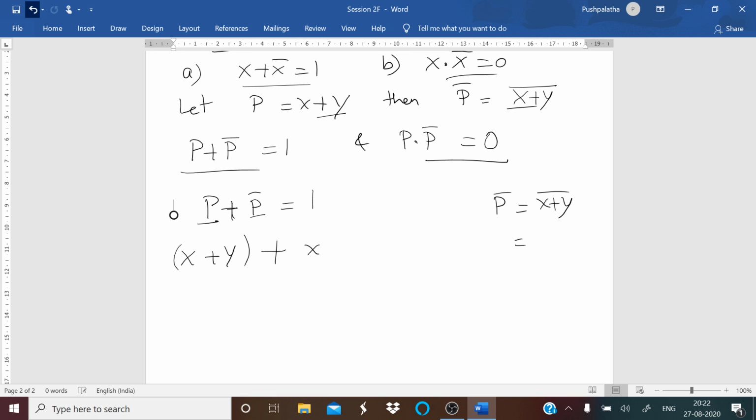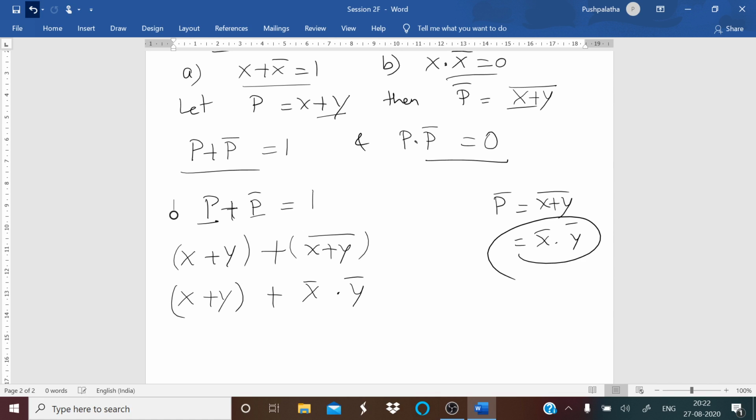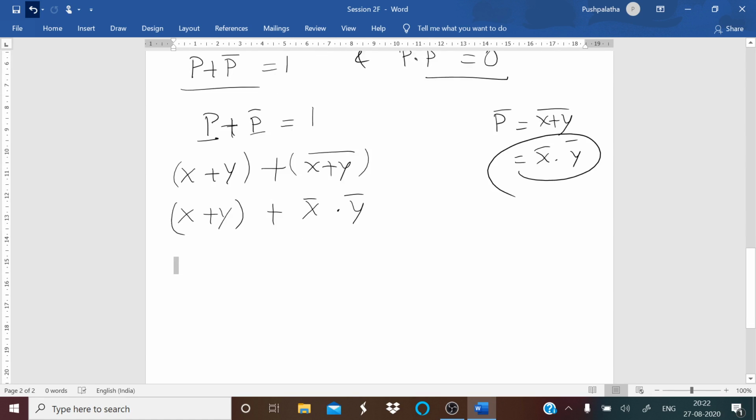That is your principle of duality. If you remember, converting each 0 to 1, 1 to 0, and OR to AND. This is nothing but x bar into y bar. So x plus y the whole bar can also be written as x bar into y bar, giving x plus y plus x bar into y bar using this method. Now, what exactly are you going to do now?